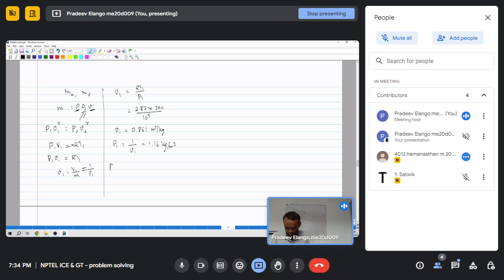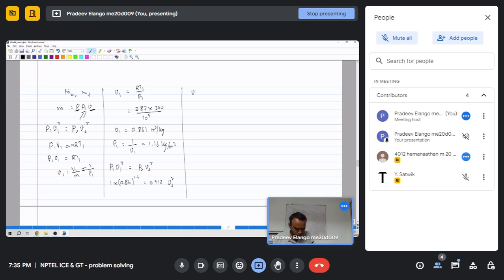Now we have P1 V1 power gamma equal to P2 V2 power gamma. Now V2 can be found. P1 is 1 bar into V1 is 0.861 power gamma is 1.4 equal to P2 is 0.912 bar into V2 power gamma.